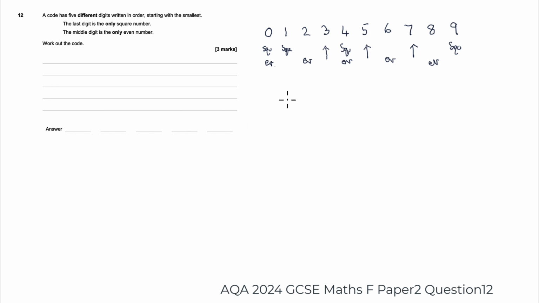So let's have a look at the code, see if we can figure out what this code is. So there's 1, 2, 3, 4, 5 digits. And what do we know about them? They have to be increasing from left to right. They're in order.